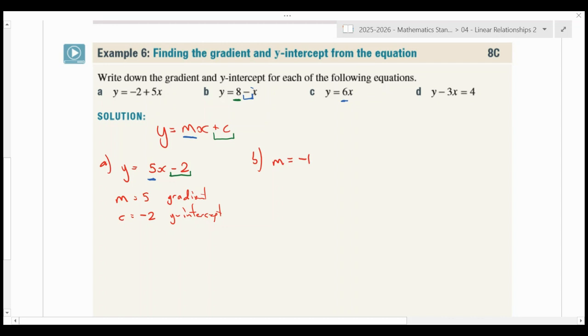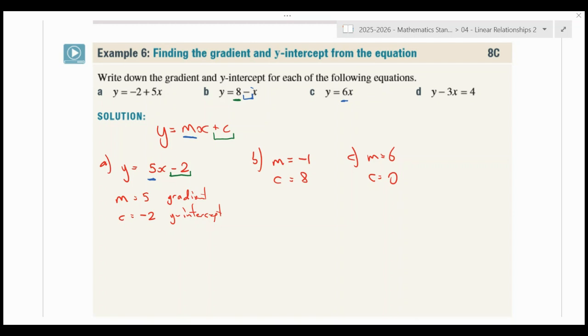And how many x's are there? There's one of them. And our intercept is 8. For question C, the number in front of the x, the coefficient of the x, is 6. So our gradient is 6. And our y-intercept in that particular thing is 0. There is none.